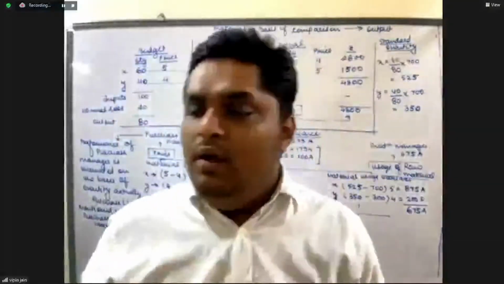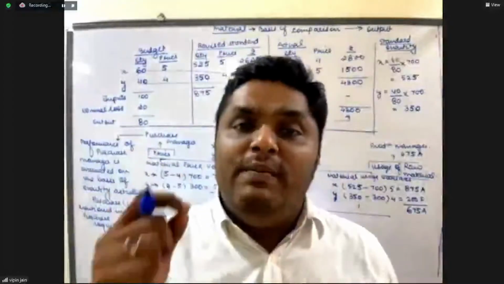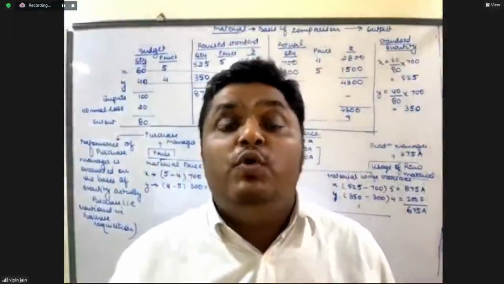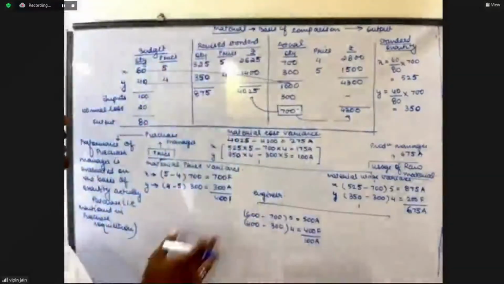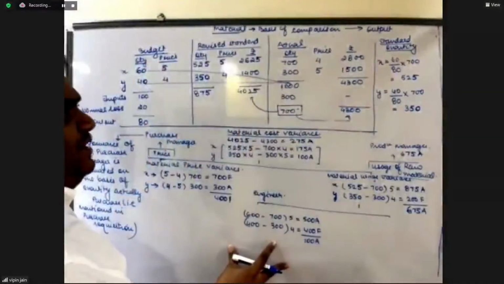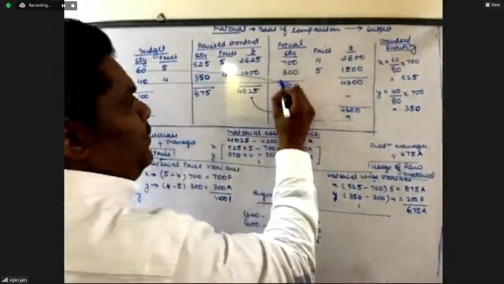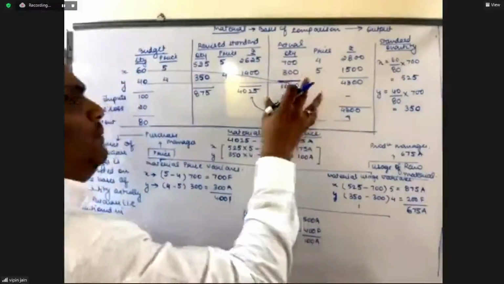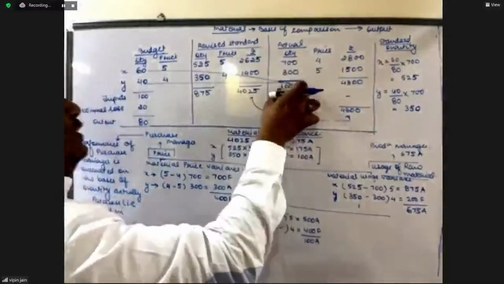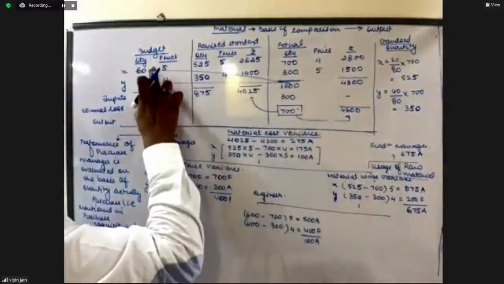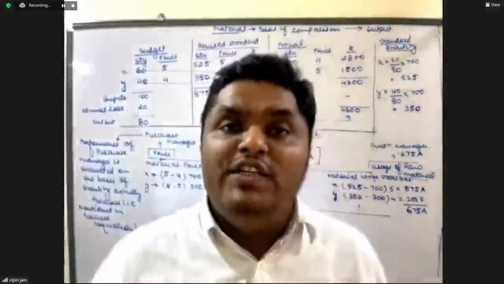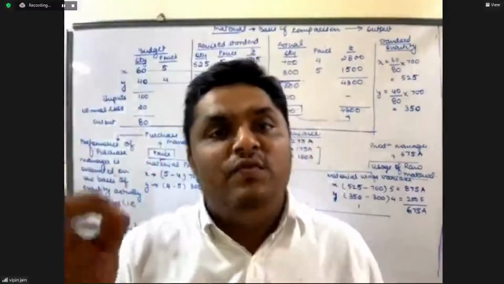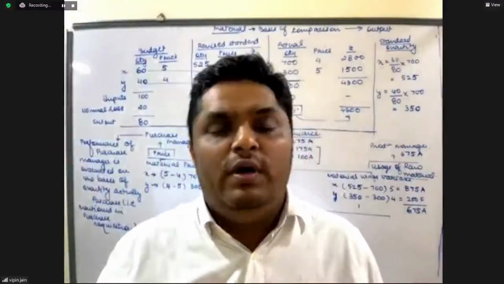I repeat again, when talking about the work done by the engineer, they are responsible to maintain the mix. So when talking about the change in mix, my actual input was 1000. This should be in the ratio of 60:40. हमने actual input किया 1000, जो कि क्या ratio में होना चाहिए था? 60:40, that is 600:400.